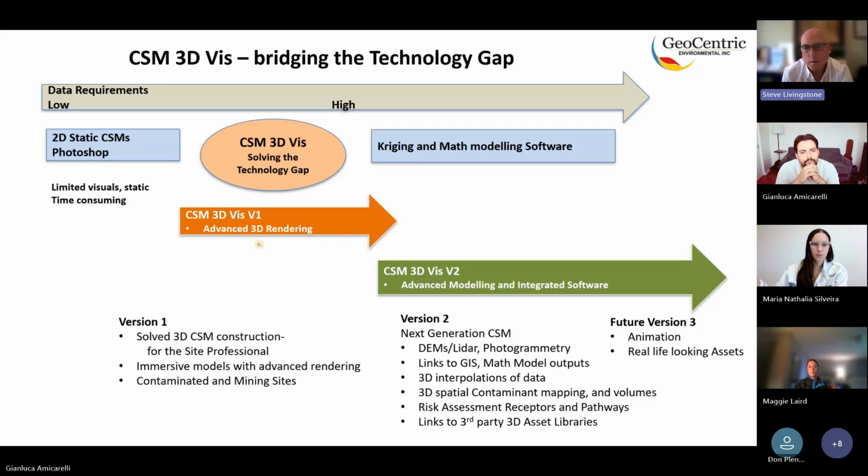You can put LiDAR, photogrammetry. We really wanted links to GIS, QGIS, and math models. So now if you're doing other software or have other outputs or inputs, you can bring those into the model. The things that we're going to be showing you at the end is now we're into data interpolations where we can show spatial mapping and volumes.